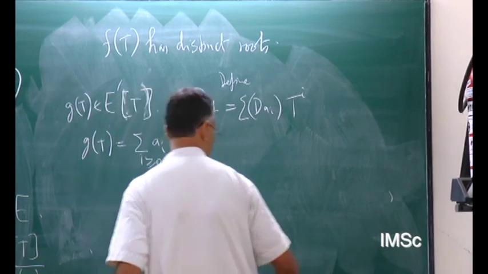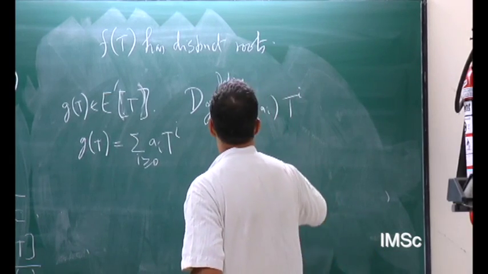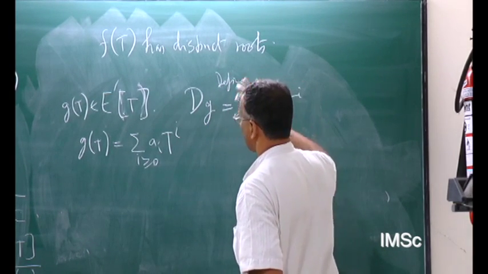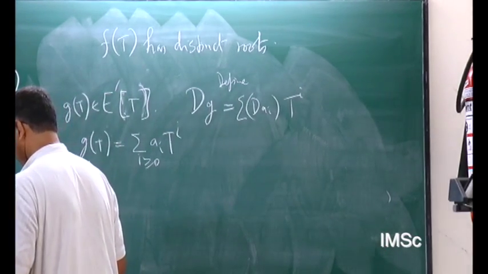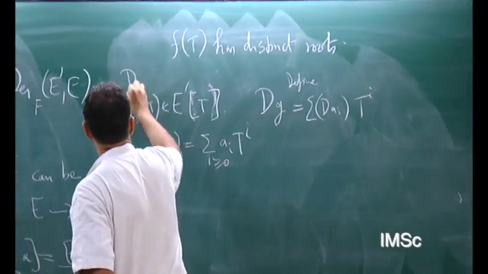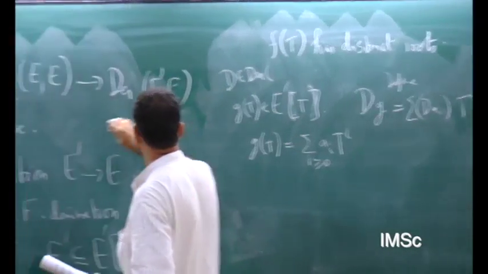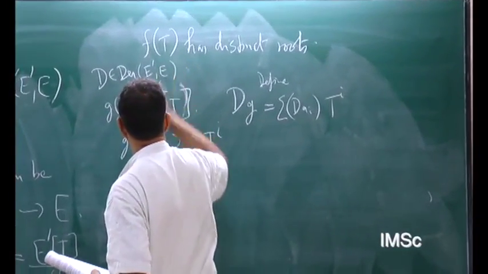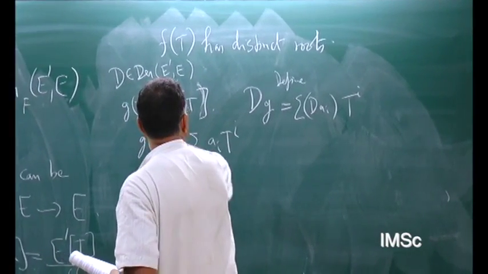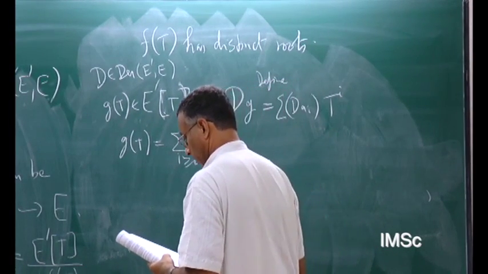Okay, so right. So let's just follow what he's saying. So I'm given d in derivations of E' to E. Given this, define dg to be this.